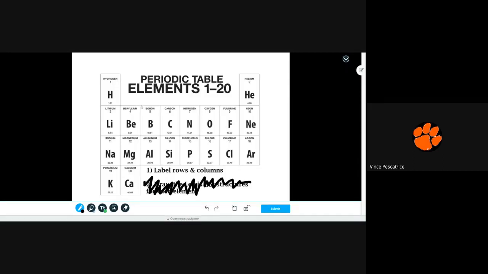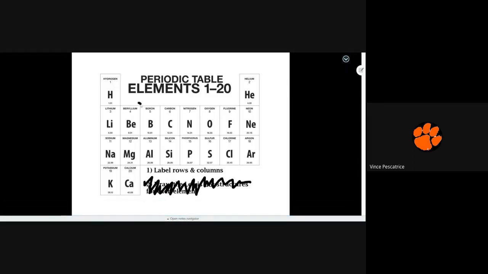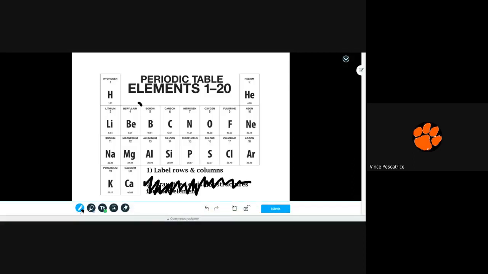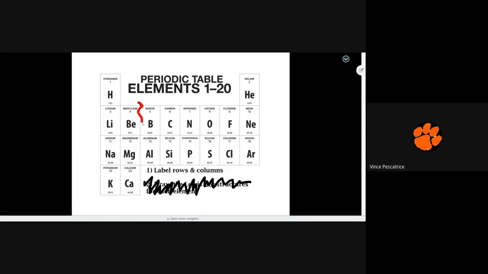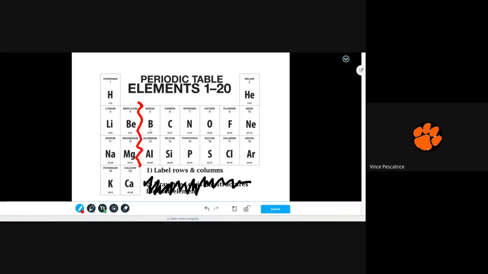That right here, I'll put in red, is a break in the periodic table. So we're missing a bunch of columns in between these two. Go ahead and label the rows and the columns on here. I'll give you about a minute or two to do that.